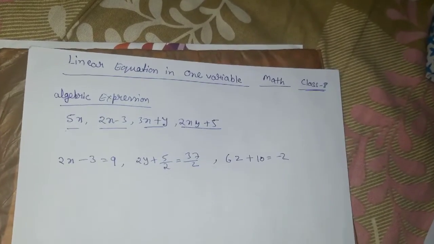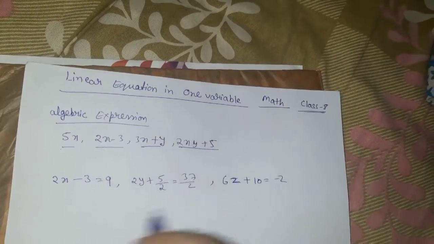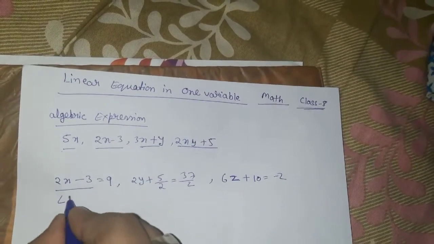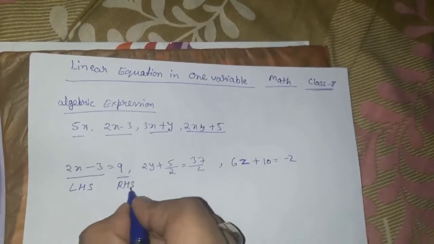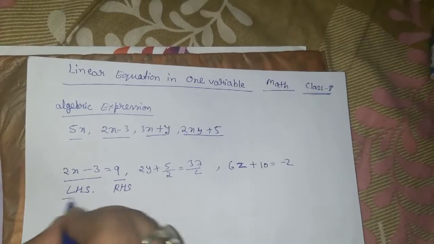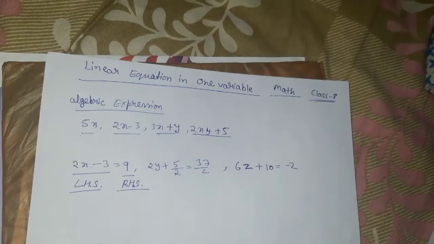These are equations. Why? Because they have an LHS and an RHS. LHS means left hand side and RHS means right hand side.